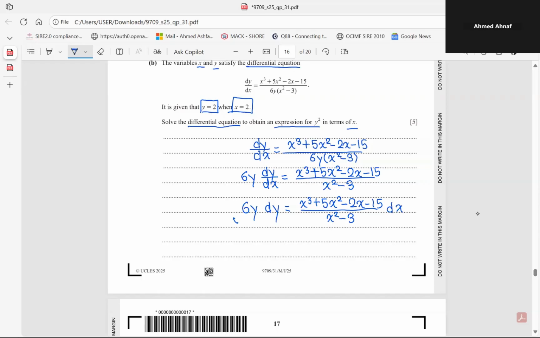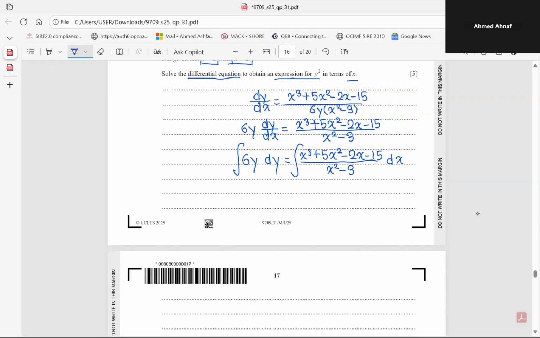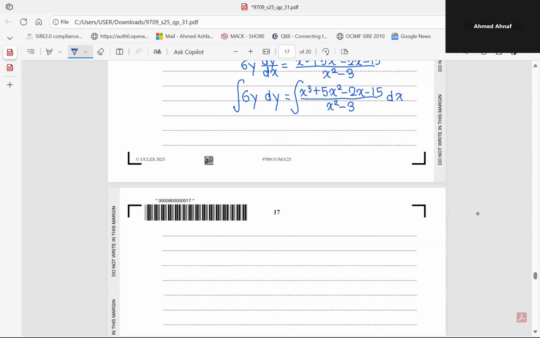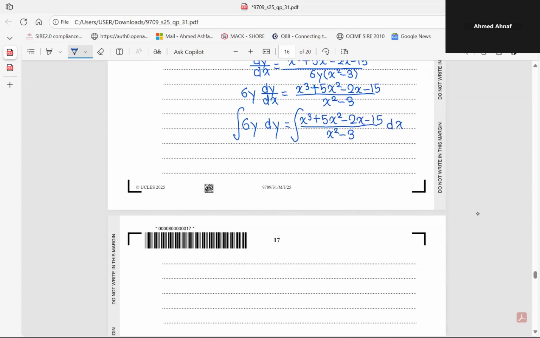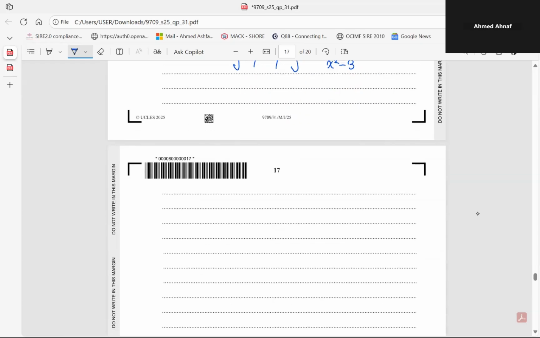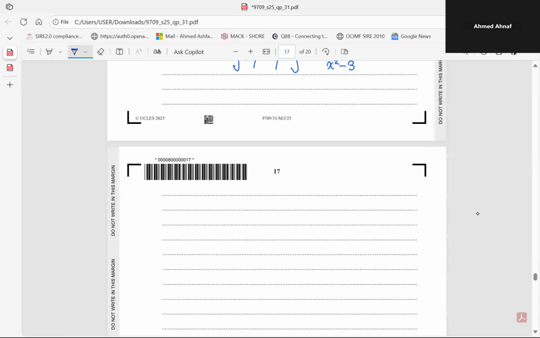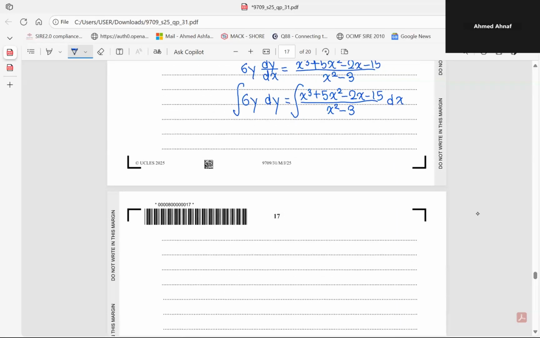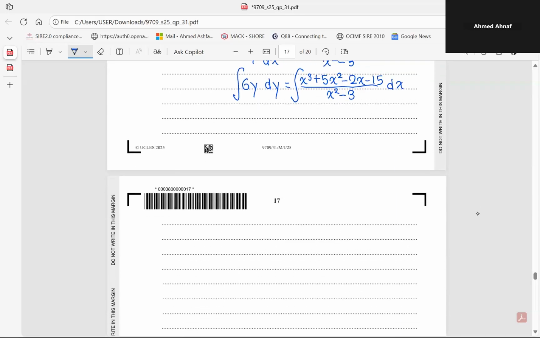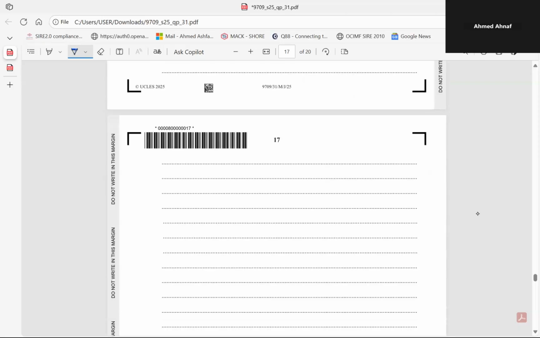So now we have these two integrals that we have to solve. So first, let's solve the one on the right-hand side. In order to solve it, we're going to have to decompose it, express it in terms of partial fractions. So let's write it down.